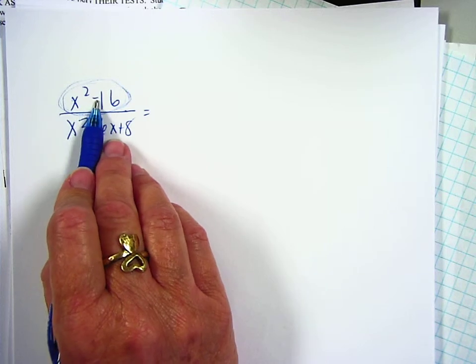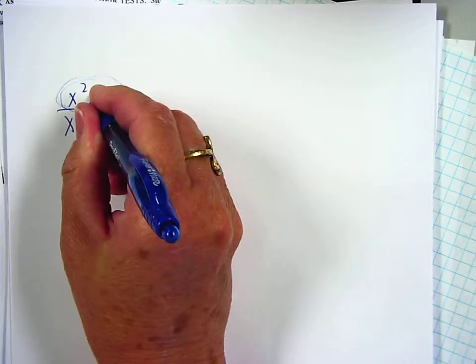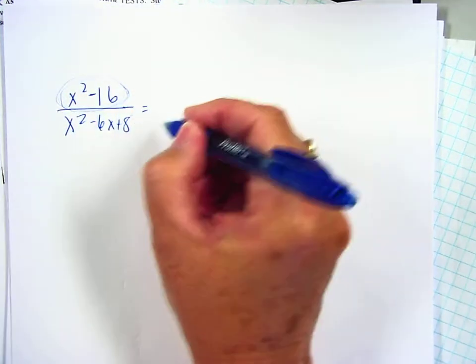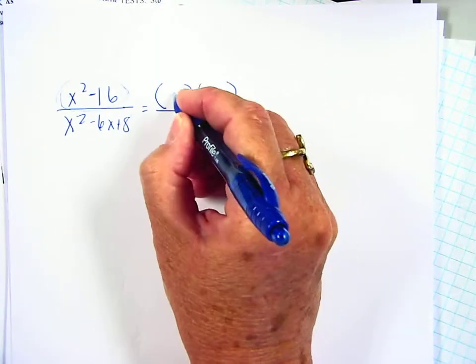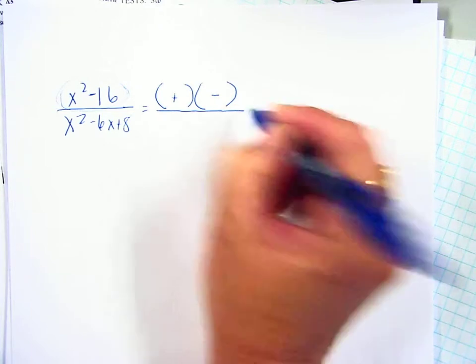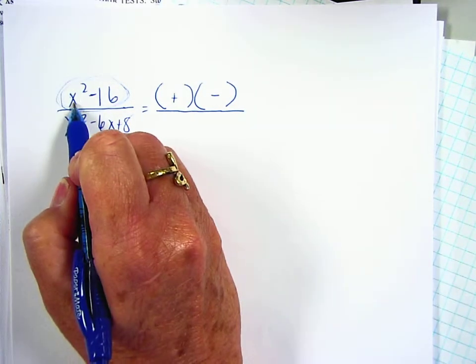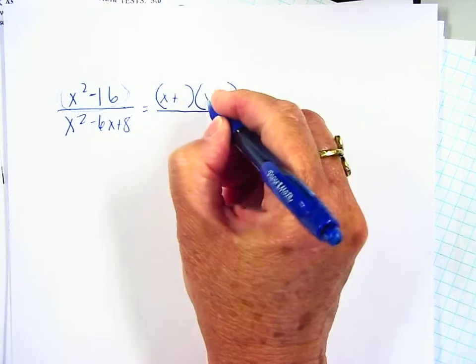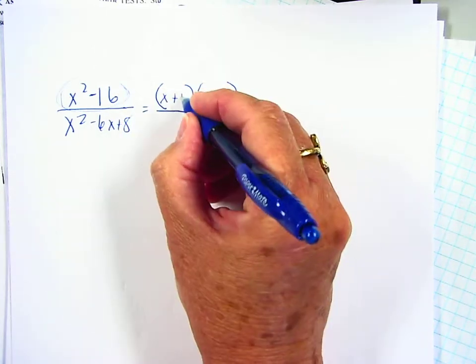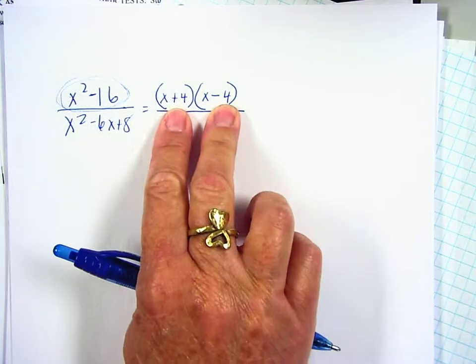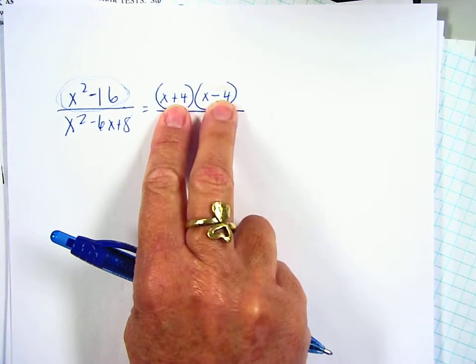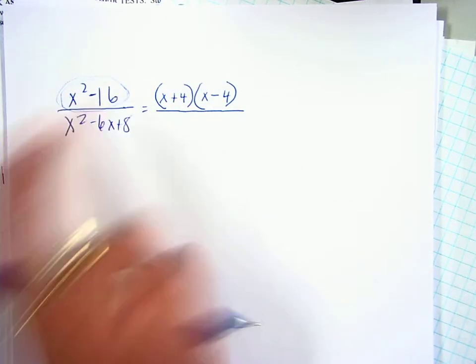It's the difference of two square terms. Well, the way I factor DOTS is SAD, and SAD stands for sum and difference. Sum of what? Square root of this is x, goes here and here. Square root of 16 is 4, that goes here and here. If I multiply these two polynomials together using a Punnett square, I'm going to get x squared minus 16.